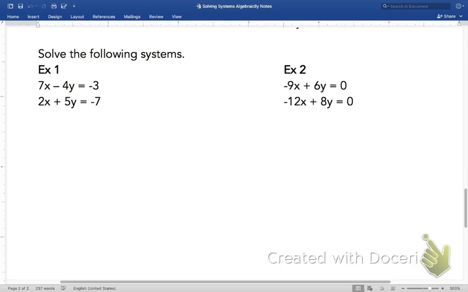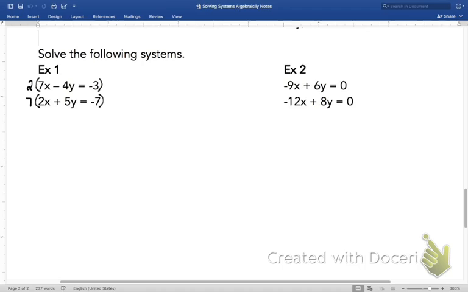So what do I need to multiply the top by, and what do I need to multiply the bottom by to where they have the same number? 7 and 2, or 2 and 7, I guess, rather, is a better way of saying that. So I multiply the top side, everything by 2, and the bottom side, everything by 7.